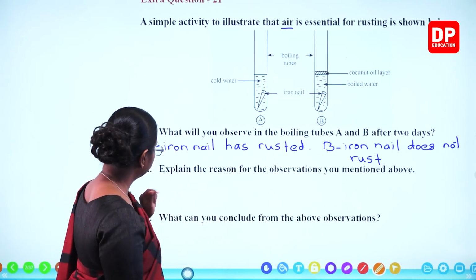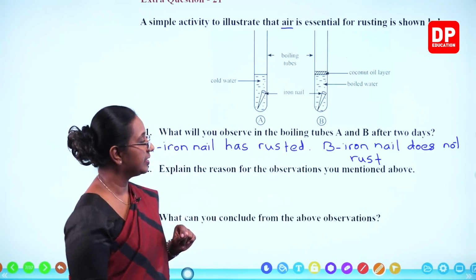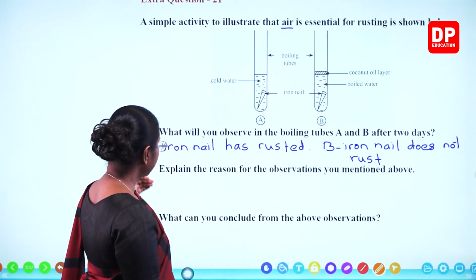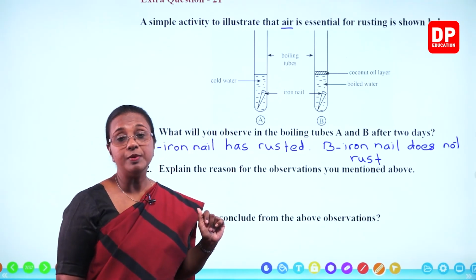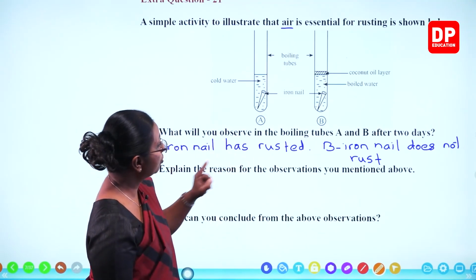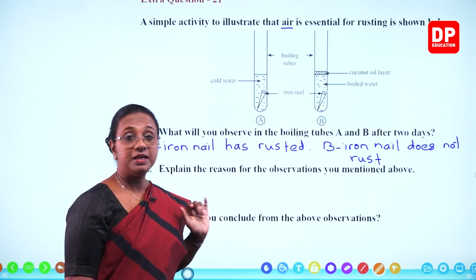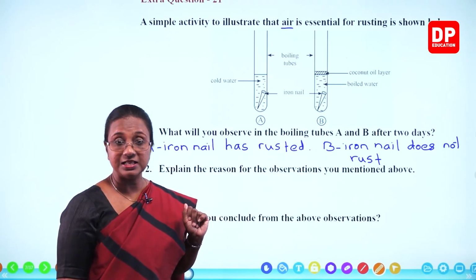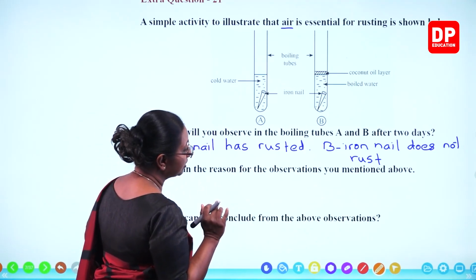Then the second one. Explain the reason for the observations you mentioned above. So what is the reason? There is air in the water in boiling tube A, and there is no air in the water in boiling tube B. Because of that, there was no rusting of the iron nail in boiling tube B. So here they explain the reason for the observations.